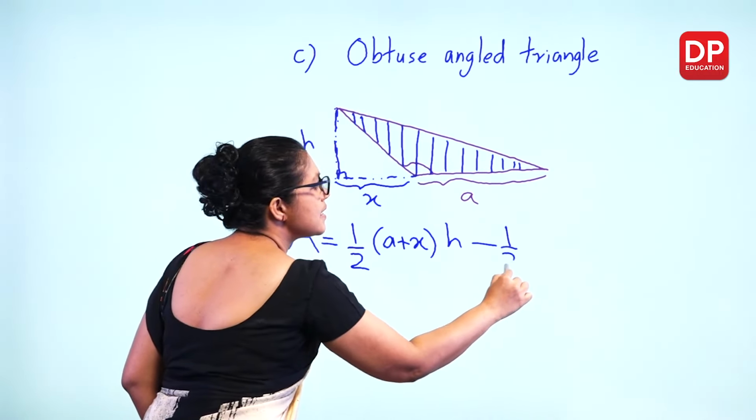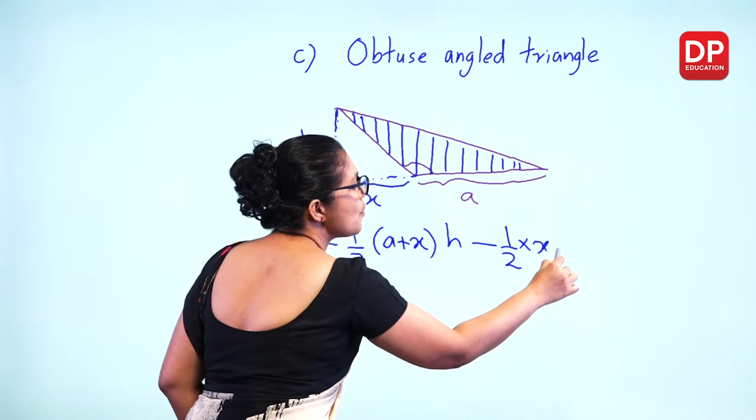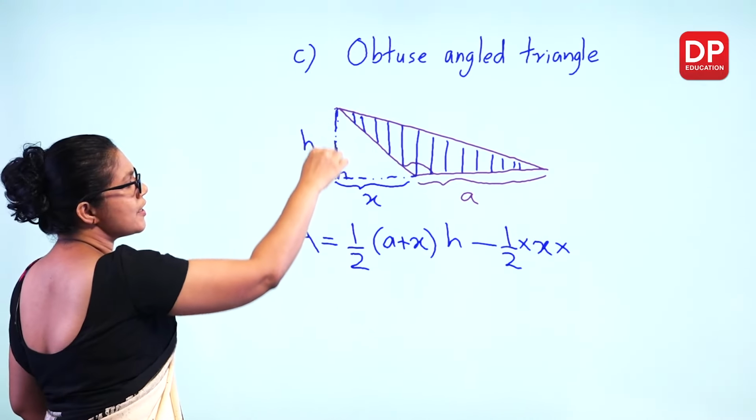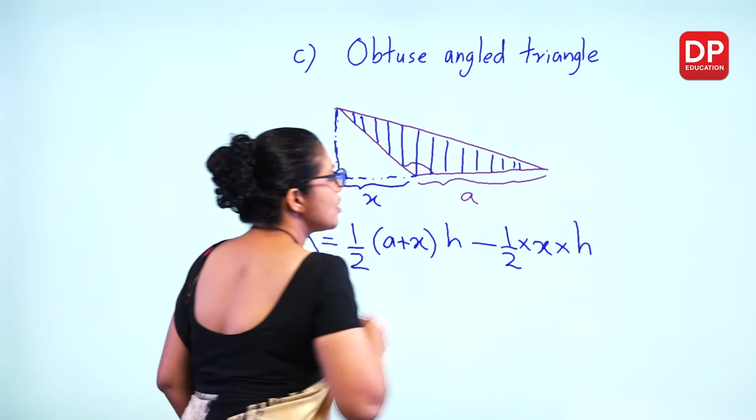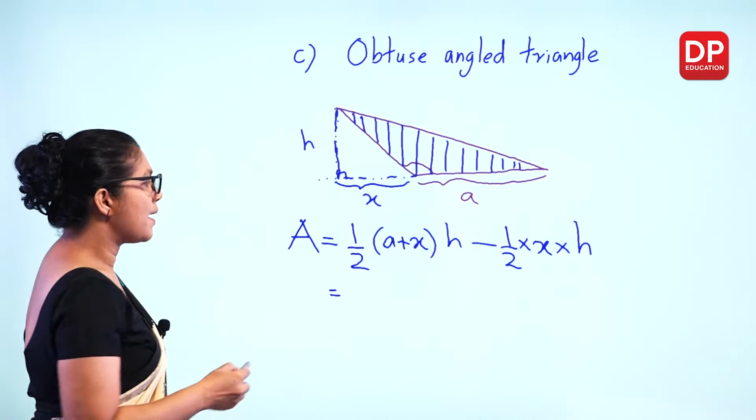Half times the length. Base length is now X. So what's the perpendicular height? Perpendicular height is H. Now I'll simplify. First I'll open brackets and simplify.